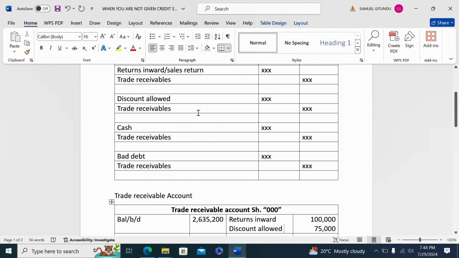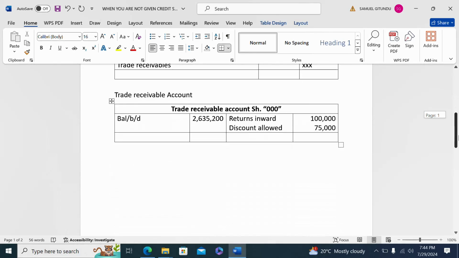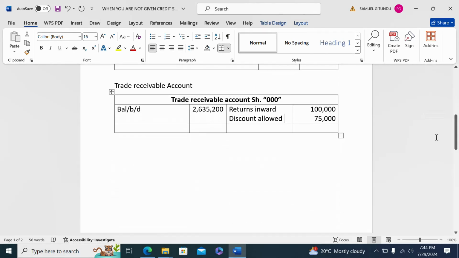Then what about the cash which was received from the debtors? So we come here and write cash.